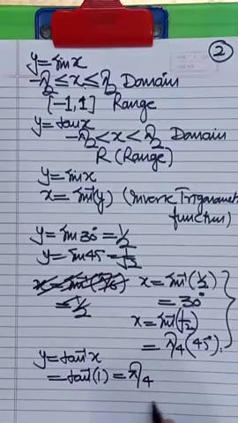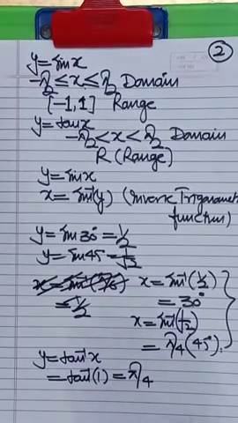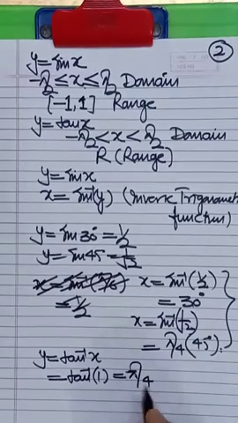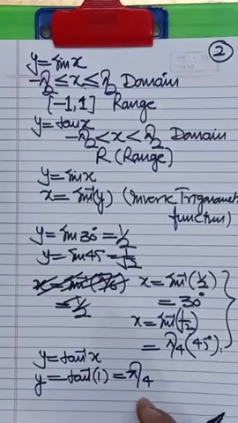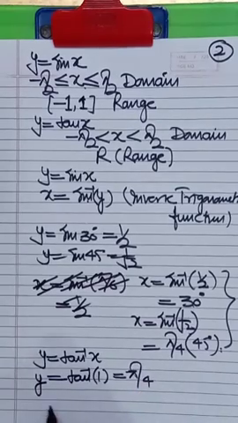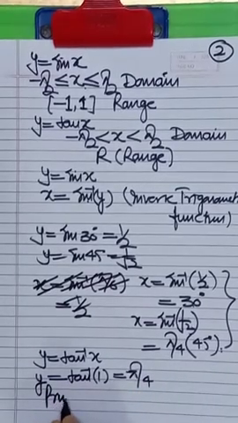Now there are some conditions applicable on the value so obtained, that is called the range of the inverse trigonometric function. The restriction is called the principal value branch.